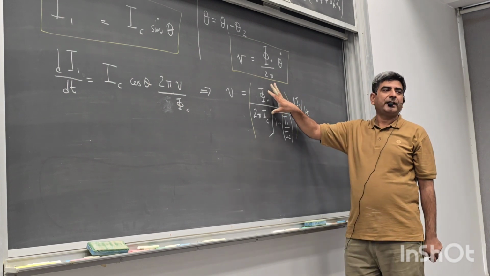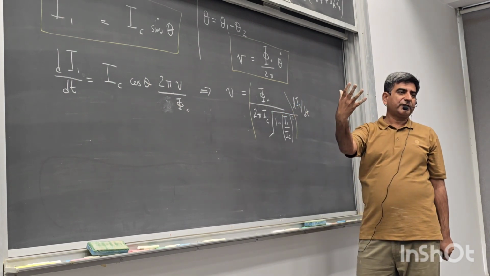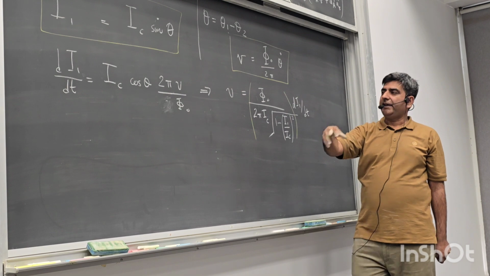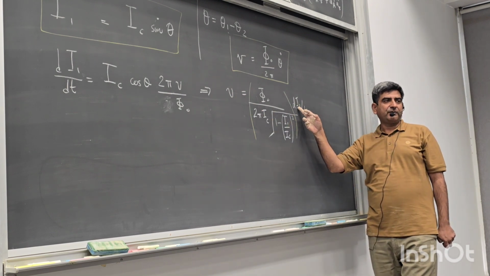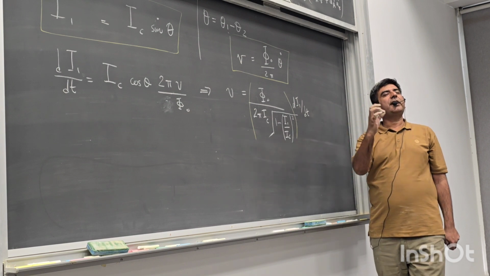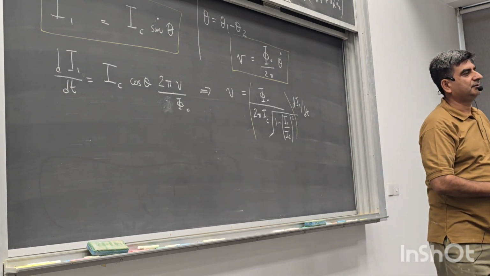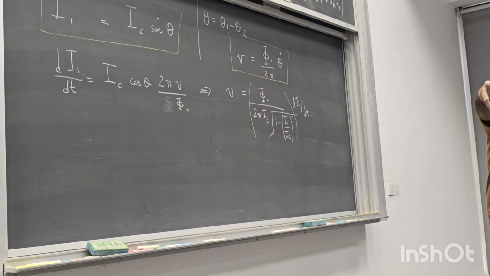This is like an effective, so if you recall your circuit theory, if my voltage is proportional to the time derivative of the current, what kind of element is this? So my current changes rapidly, the voltage across that element builds up. What is that element called? You're physicists. What is such an element which produces a voltage across it whenever the current changes through it?